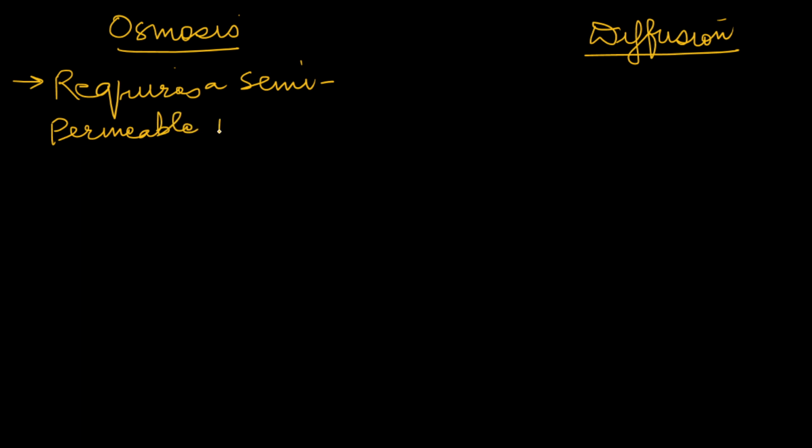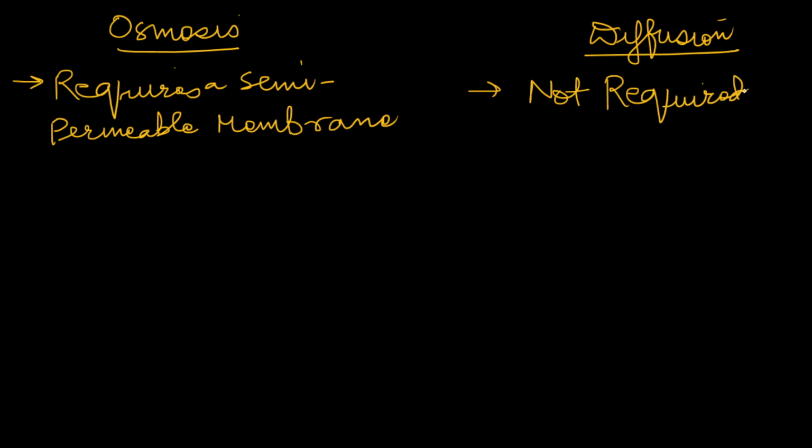Osmosis requires a semi-permeable membrane, while diffusion does not require a semi-permeable membrane. So it is another difference.